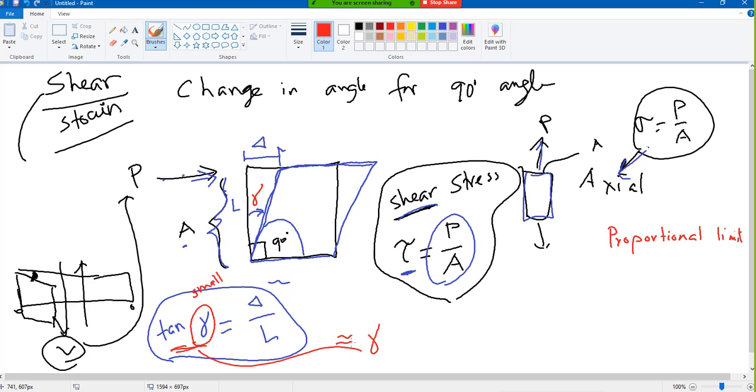Because if you use your calculator, you will see that, obviously in radian, if your angle is very small, sine theta or tan theta is very close to theta, in radian.